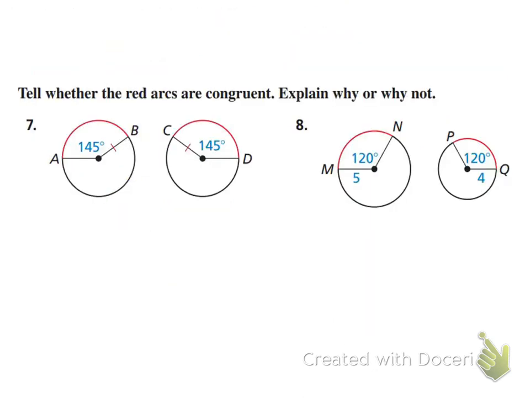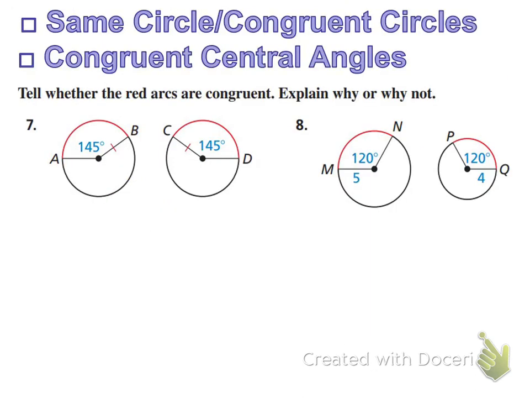And then last, tell whether the arcs are congruent. So remember your two things that you need. They either need to be from the same circle or congruent circles, and they need congruent central angles. So in number 7, they're not from the same circle, obviously. Are they from congruent circles? Yes. How do I know these circles are congruent? The congruent marks for the radii. All right, and then do they have congruent central angles?